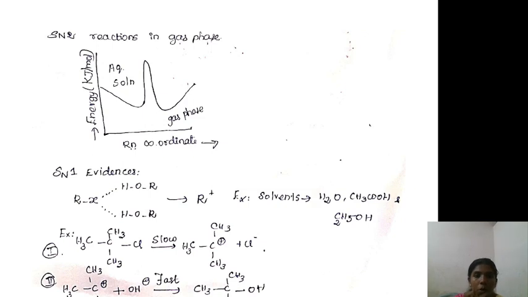Next, SN1 evidence also implies the following examples. Solvents include water, acetic acid, and ethanol. All these suitable solvents induce the SN1 reaction, and one example is given here. That is a tertiary alkyl chloride, and the first step is known as the rate determining step, also known as the slow step.